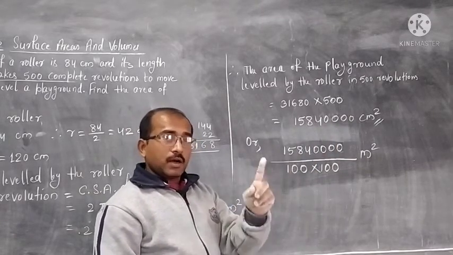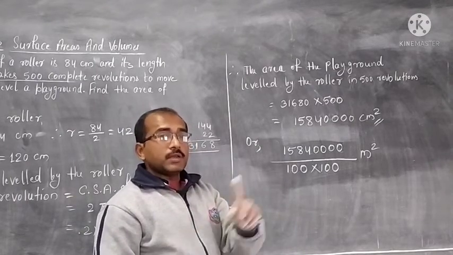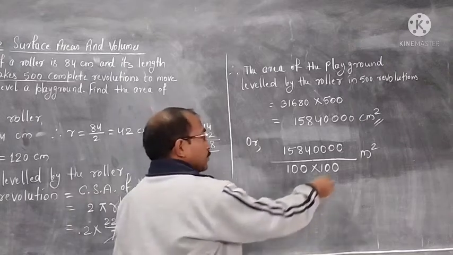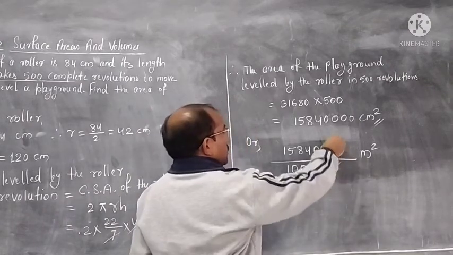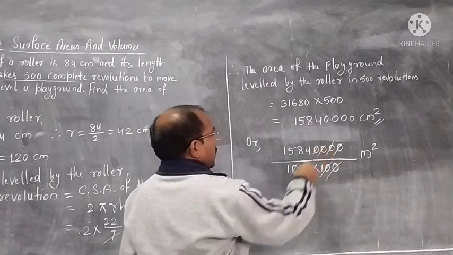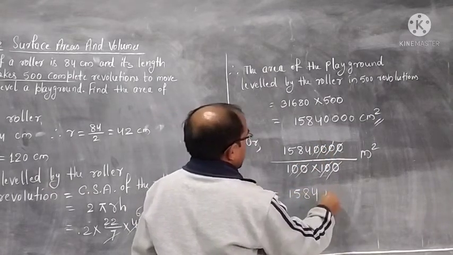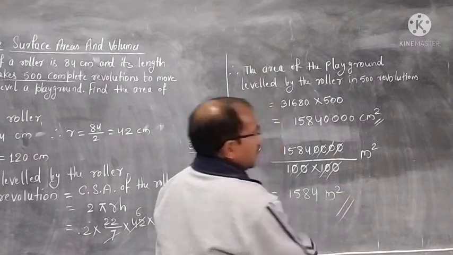So, 100 centimeter equals 1 meter, squared. You know the function of a square. So, 2 zeros, another 2 zeros also cancelled. Finally, we can say the area of the ground is 1584 meter square.